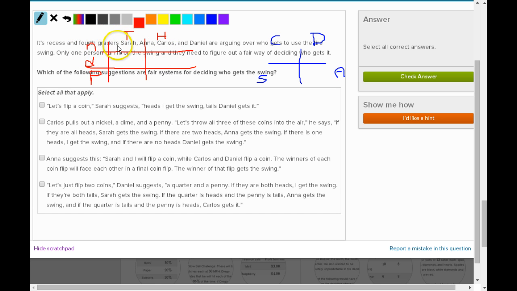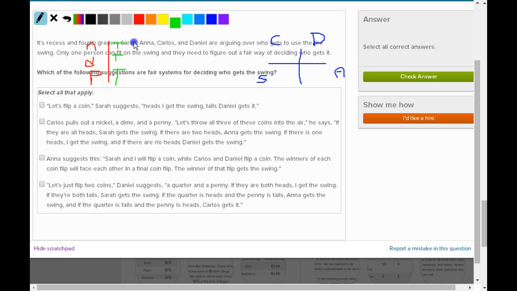So this could come up. Let's see, what's the best table for this actually? Let's erase some of that. Okay, so we could get, let's try this, tails, tails, tails.